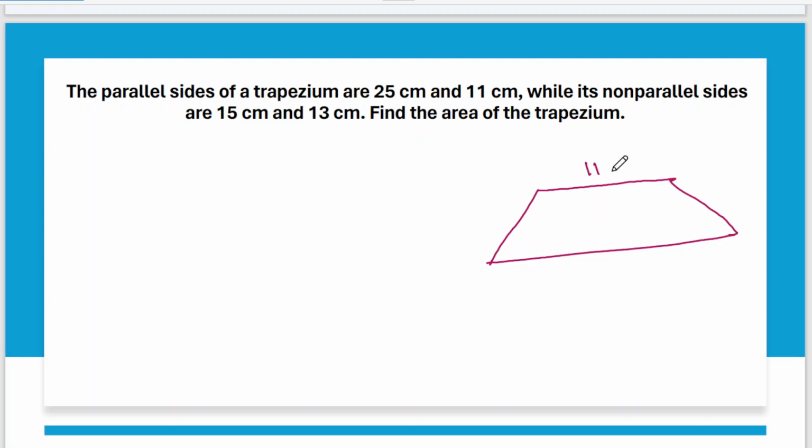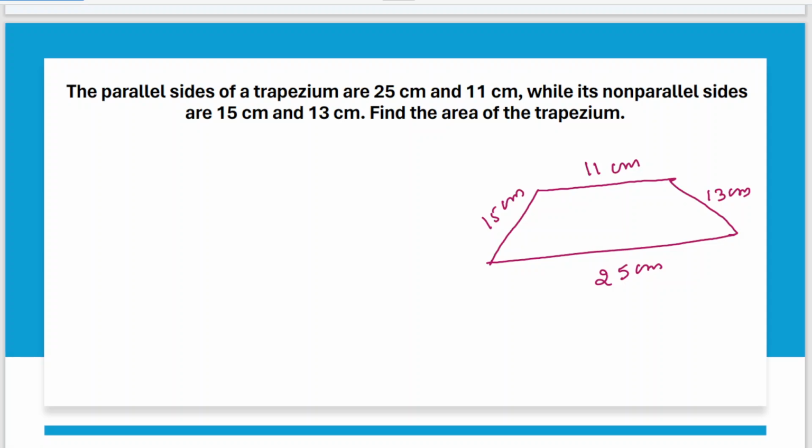So, this is the shorter side, that is 11 centimeter, and this is 25 centimeter. Okay. Now, the length of the non-parallel sides is given as 15 centimeter, and this is your 13 centimeter.